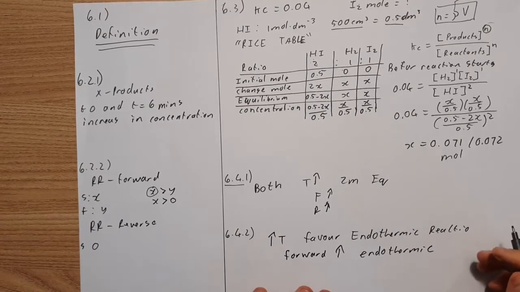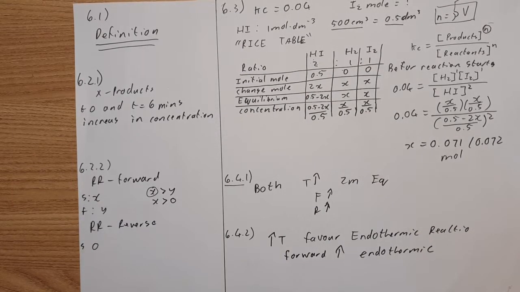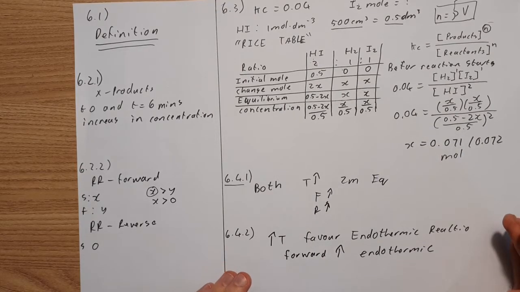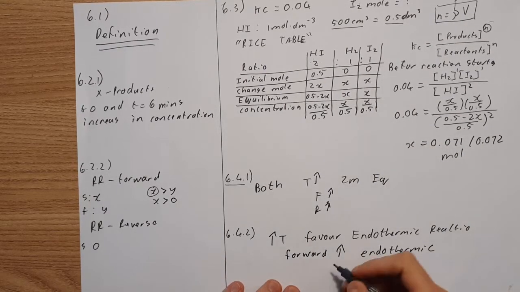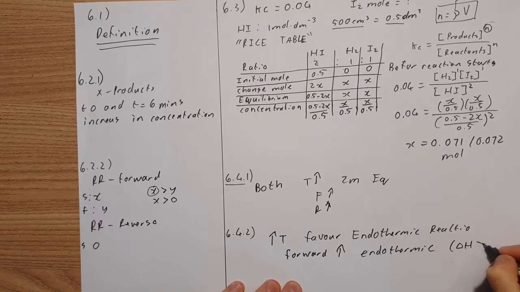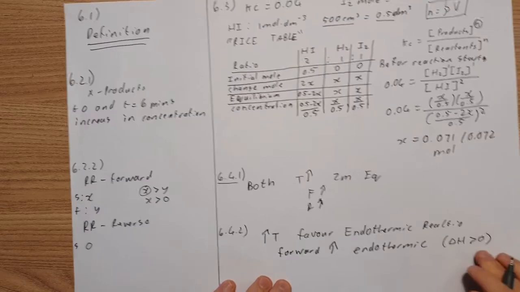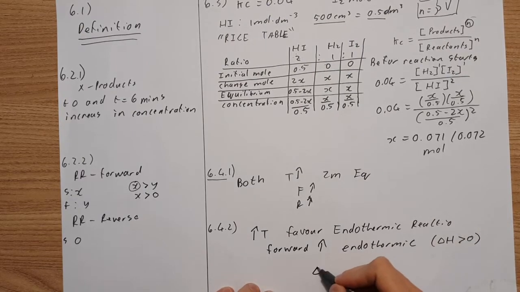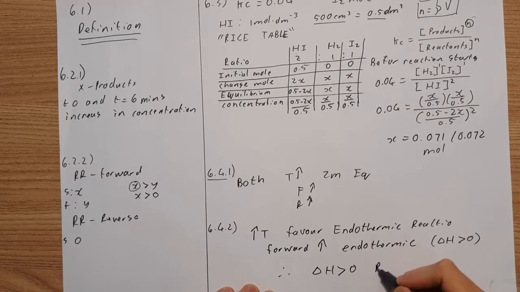And therefore, because the forward reaction is endothermic, looking at this reaction, okay, we always know that endothermic reactions have a delta H which is always greater than 0, okay? So therefore, delta H is greater than 0, making it positive.